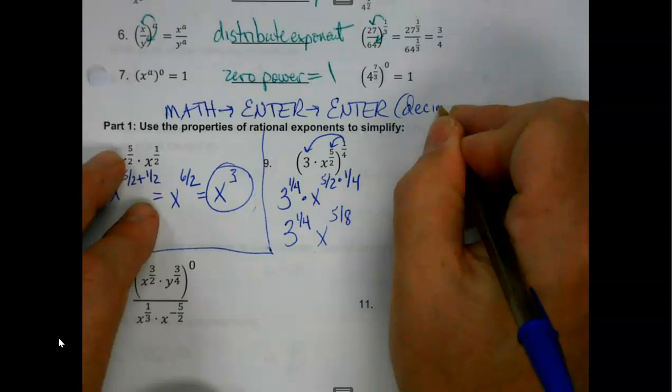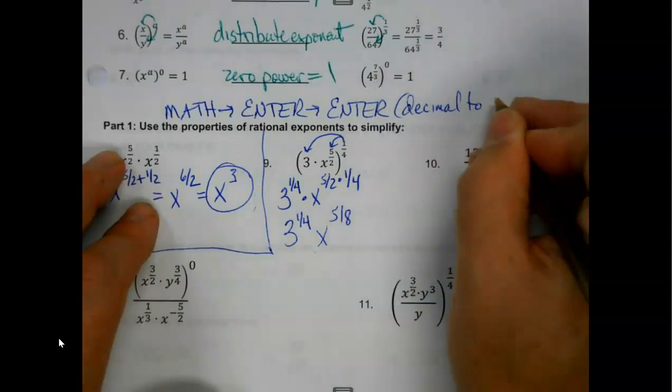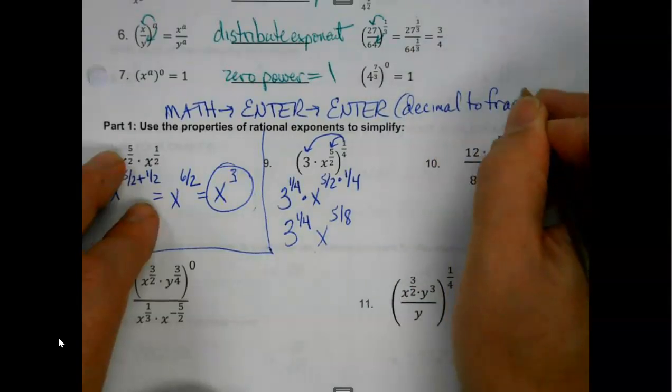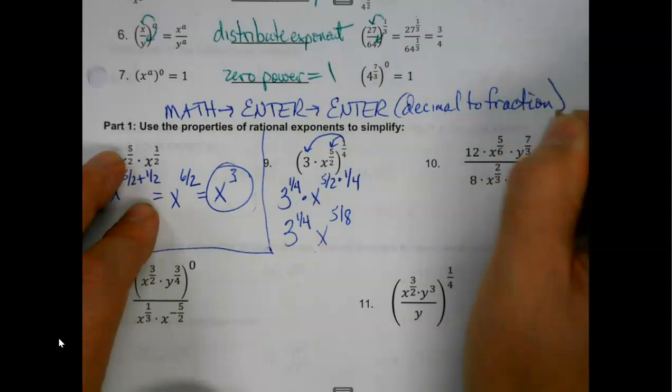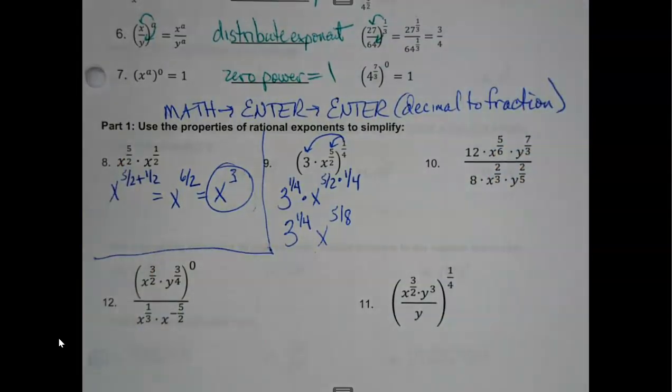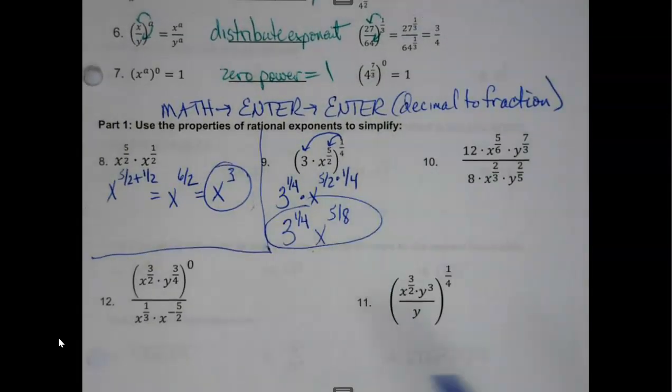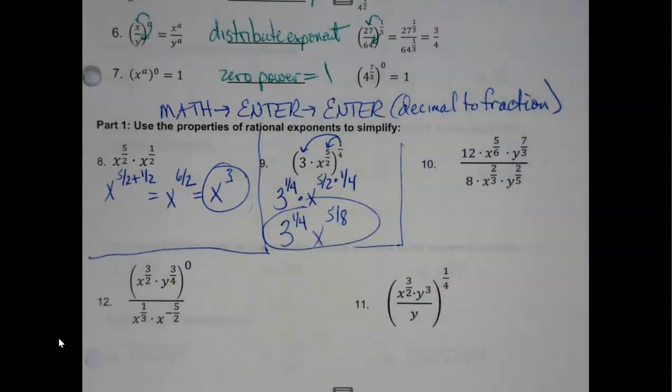That's going to take us from decimal to fraction. It's the greatest button ever on these calculators. That's as far as this one goes. I know that looks weird. It looks like it shouldn't be done, but it is. We don't get a whole lot of decimal-y things, though, so normally we're not going to have to worry about it.